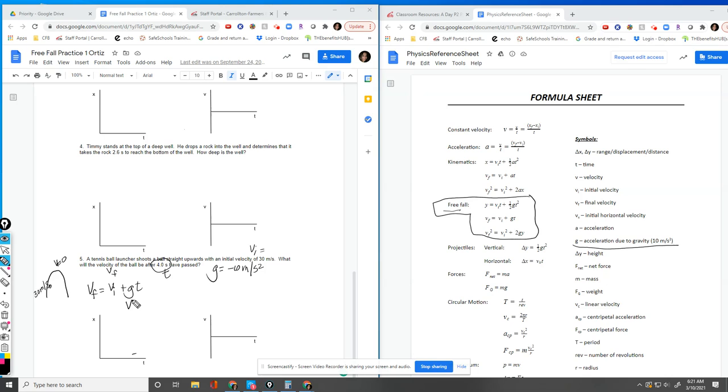So final velocity is what we're looking for, so we don't know it. Initial velocity is 30 plus negative 10 times 4. Okay, so this is 30 plus negative 40. So that means that the final velocity is negative 10.